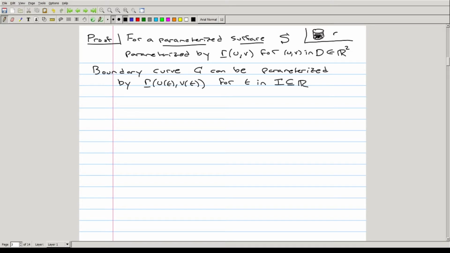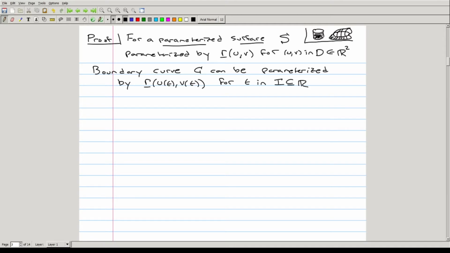Or you could consider a surface that looks like this, maybe, with a piece of the surface right here and a piece right here.